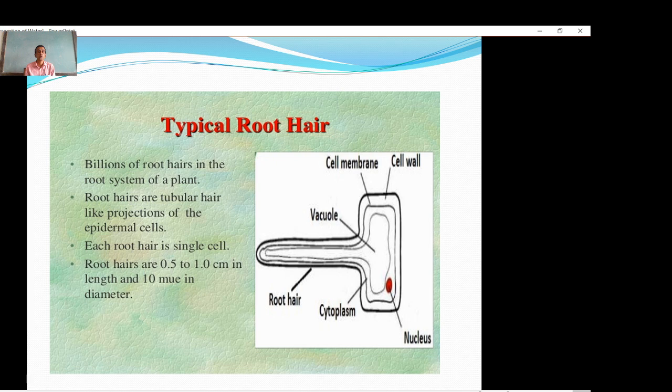Root hairs are tubular, hair-like projections of the epidermal cell. Each root hair is a single cell. Root hairs are 0.5 to 1 centimeter in length and 10 micron in diameter.